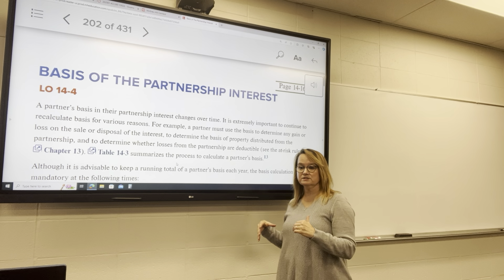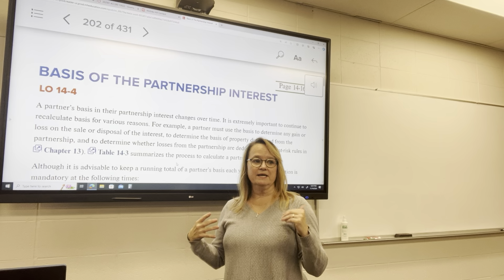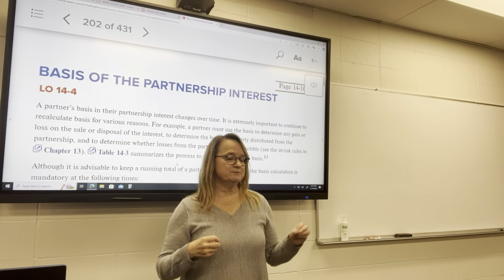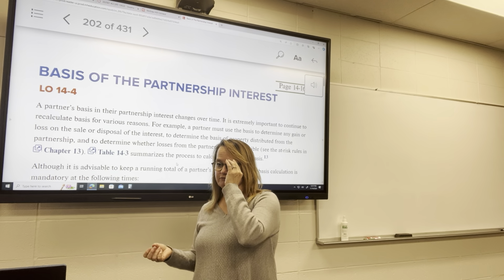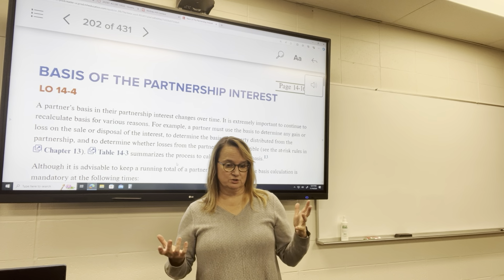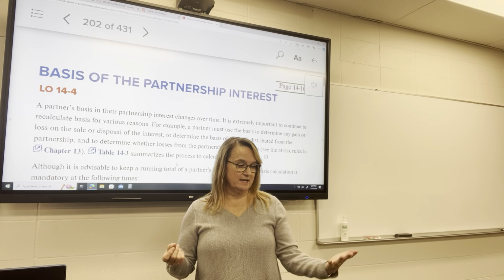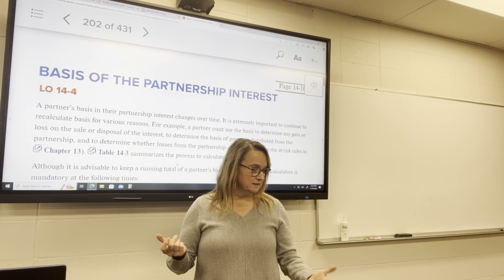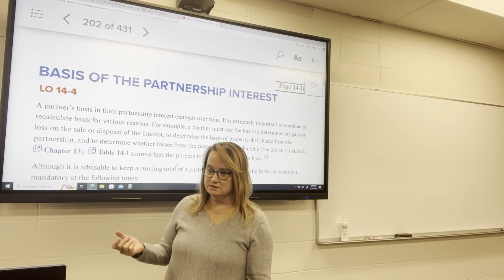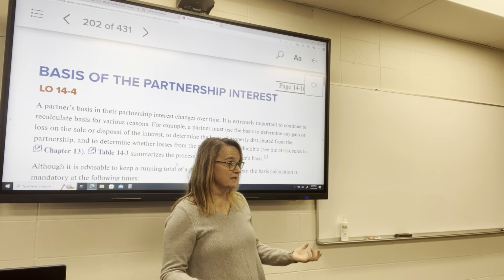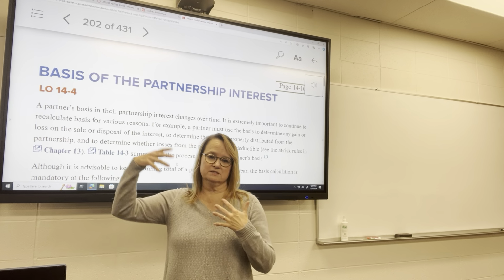The inside basis is going to change based on the same types of transactions that happen for sole proprietorships, with basis changes in assets. We depreciate assets, and as they get depreciated, their basis decreases. We improve assets, and as we do that, their basis increases.